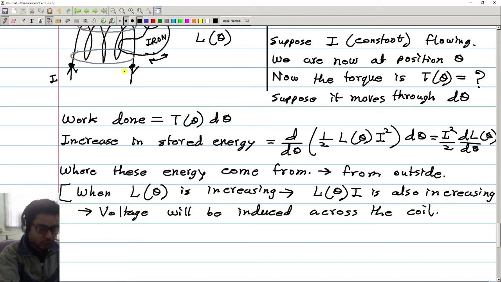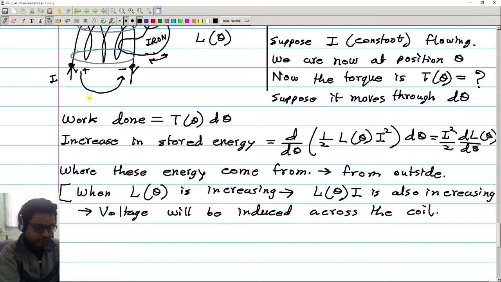So the induced voltage must try to drive a current in the opposite direction so that the current is reduced and so that it can try to reduce the flux. So this coil will try to drive a current in the opposite direction from outside. That means this side will be plus, this side will be minus.